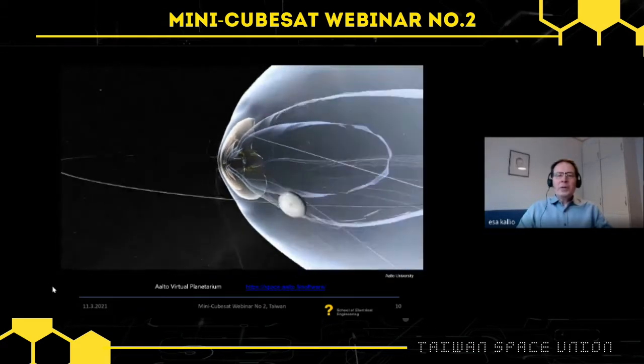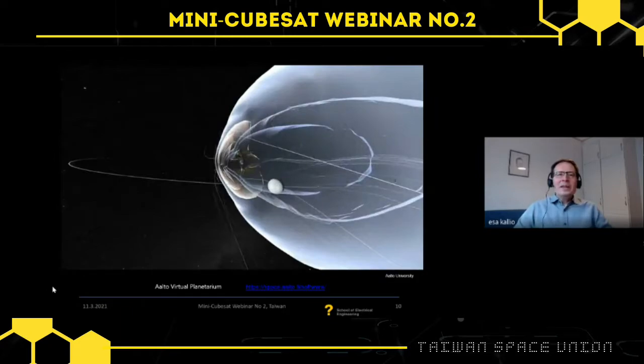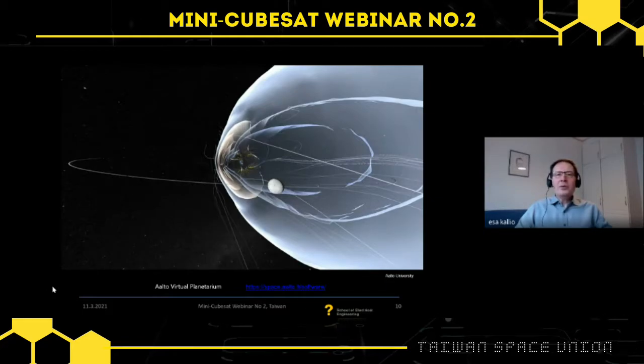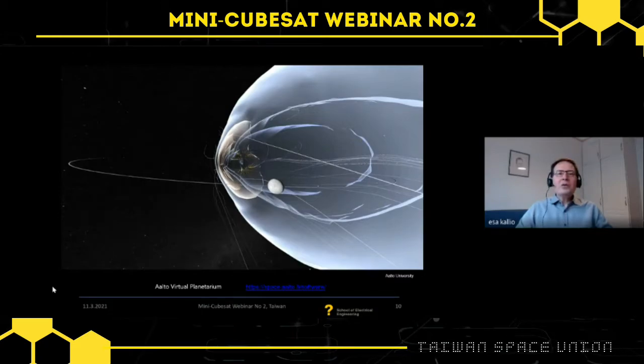Here you can also see the moon, a nice picture. If you are interested, at the bottom of the web page you can download our virtual reality software. You can fly around Mercury, Venus, Comet Menga, and also around Earth and get the view of what Suomi Sata will observe.